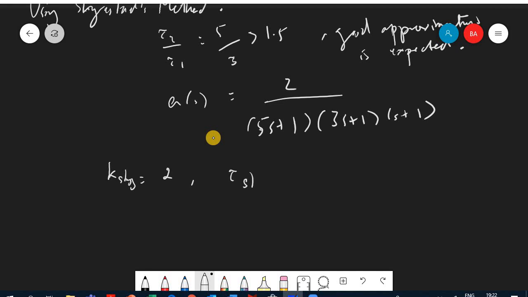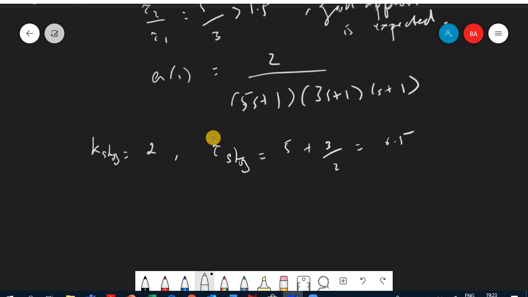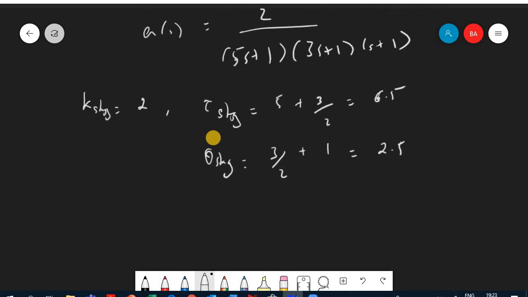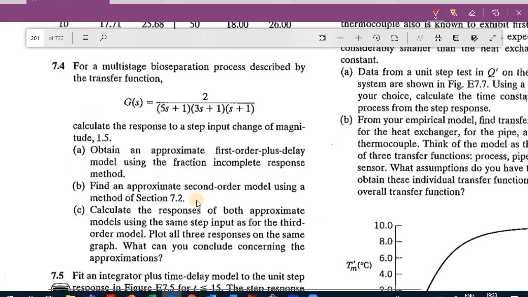My tau's cog is equal to the largest plus half of the next largest, which is 1.5 plus 5, 6.5, and my theta's cog, which is half of the next largest plus the remaining, and the remaining is only 1 here. So I'm going to have 1.5 plus 1, 2.5. So my g's cog, the approximated one, is 2 over 6.5s plus 1 e to the power minus 2.5s. So that is how to approximate to first order.